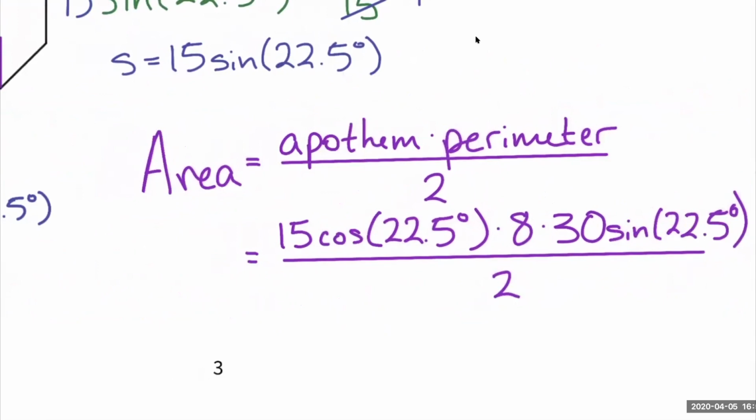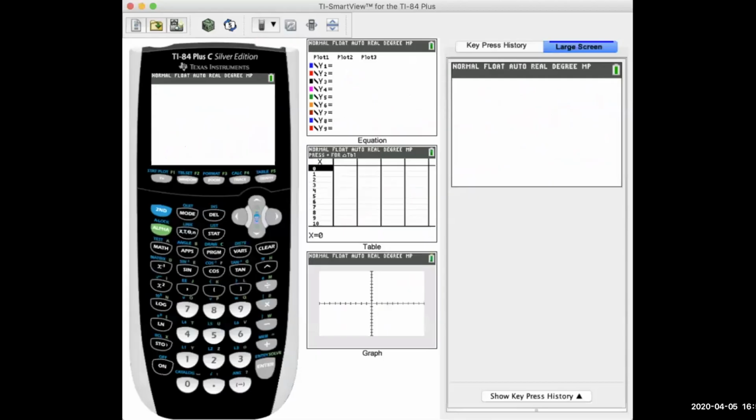And so now I can hop into my calculator and go ahead and punch that in. So let's hop on over to the calculator. All right. I've got a fancy fraction going on here. And honestly, I just love excuses to use fancy fraction. So fancy fraction, 15 cosine of 22.5 degrees times 8 times 30 times sine of 22.5 degrees.